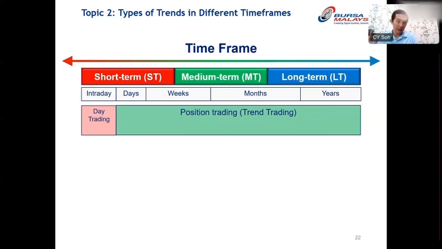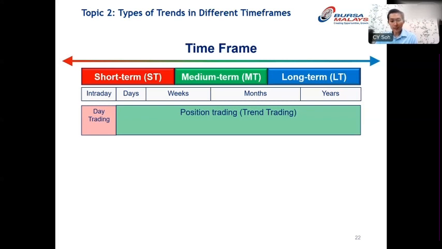If you don't hold a position overnight, you will call it day trading. If you hold a position overnight, generally I will call it position trading. And you will also be doing trend trading, because trend trading is not limited to one name; you can call it whatever name you like, for example position trading, trend following, or even swing trading. All of them refer to trend trading, right?